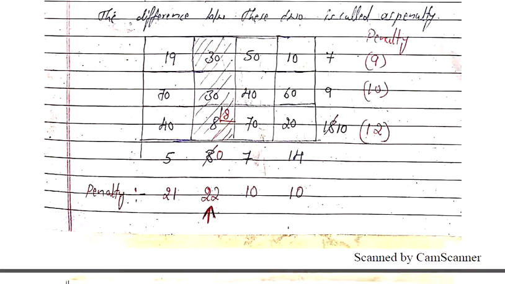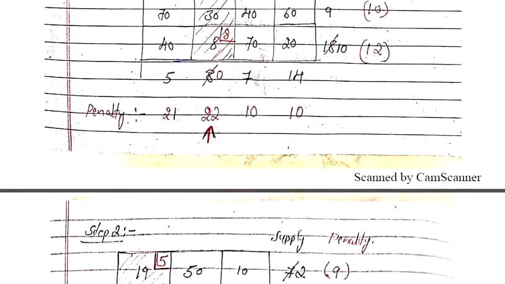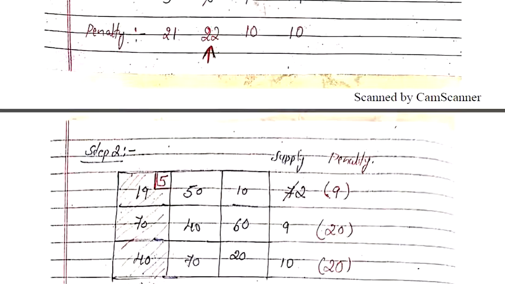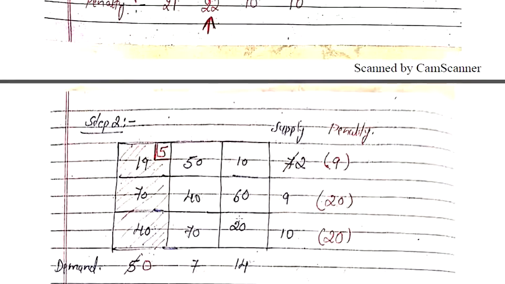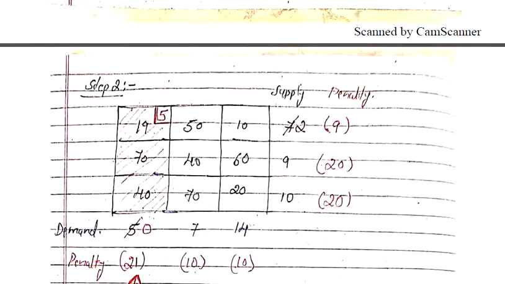Now coming to the next step, step 2. So now I have deleted one of the columns, so I am left with 3 columns and 3 rows. Again we have to find out the penalty for all the rows and all the columns as we did for the previous step. Consider the first row. Again we have the least cost as 10, and the very next nearer cost to that is 19, so the difference is 9, that is a penalty.